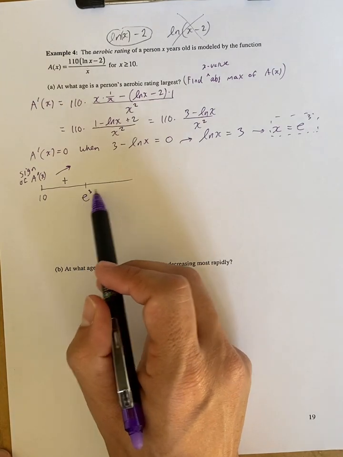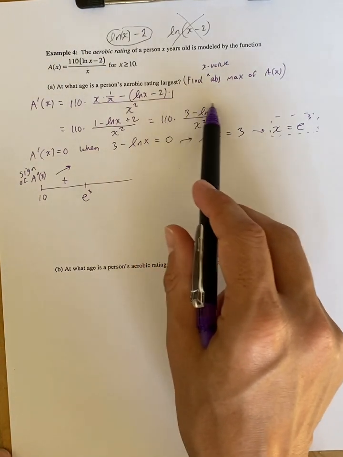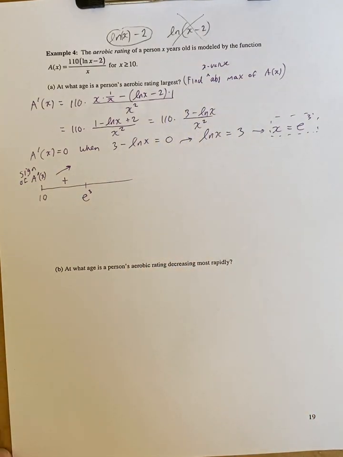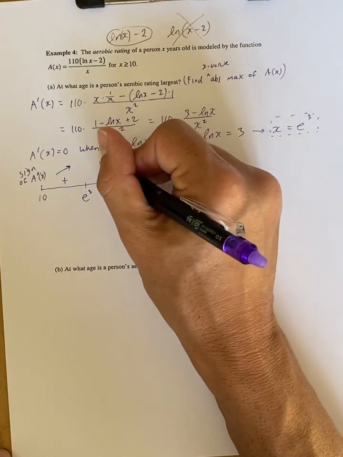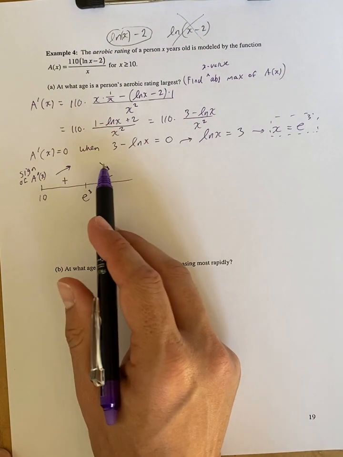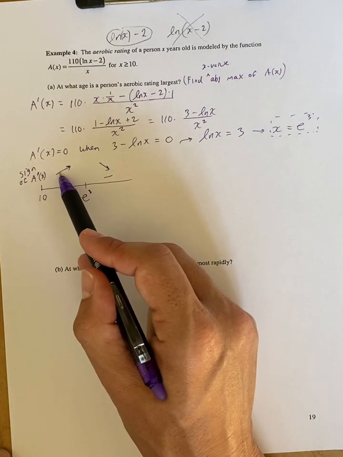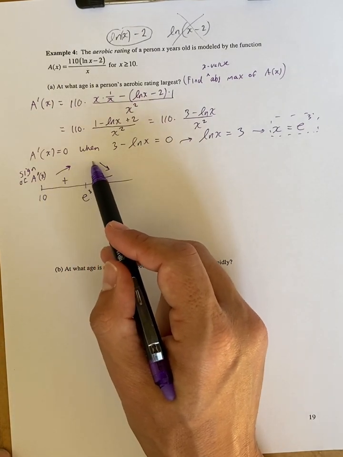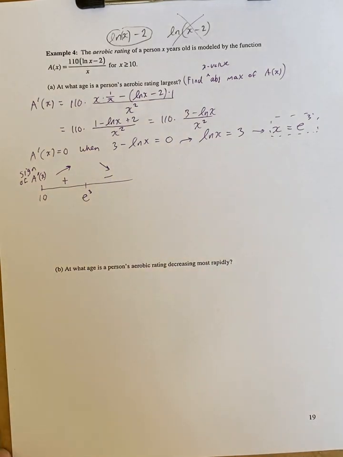And then you pick a number greater than e cubed, say 30 or 100, plug it into this, get a decimal, and you'll see that the output is negative. And so the function is decreasing. The person's aerobic rating decreases past this point. So if at the beginning of our model, we're always increasing until we reach e cubed and then we're decreasing forevermore, we have in fact attained an absolute maximum there.